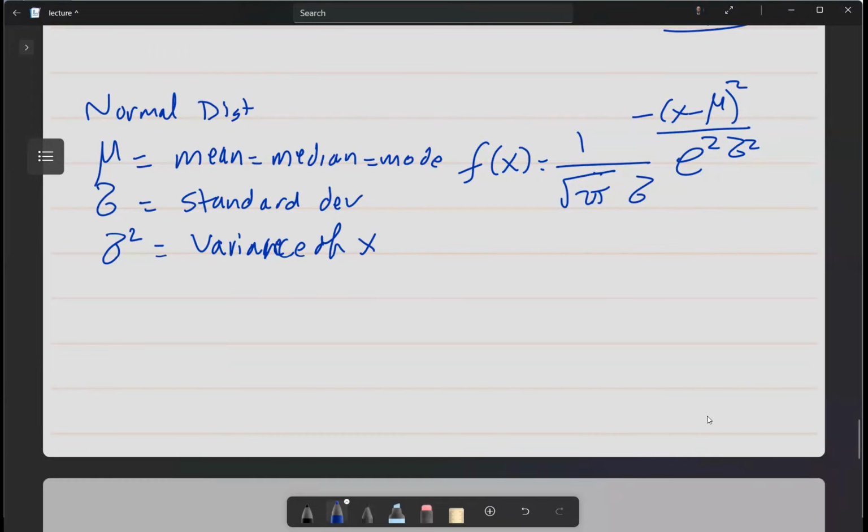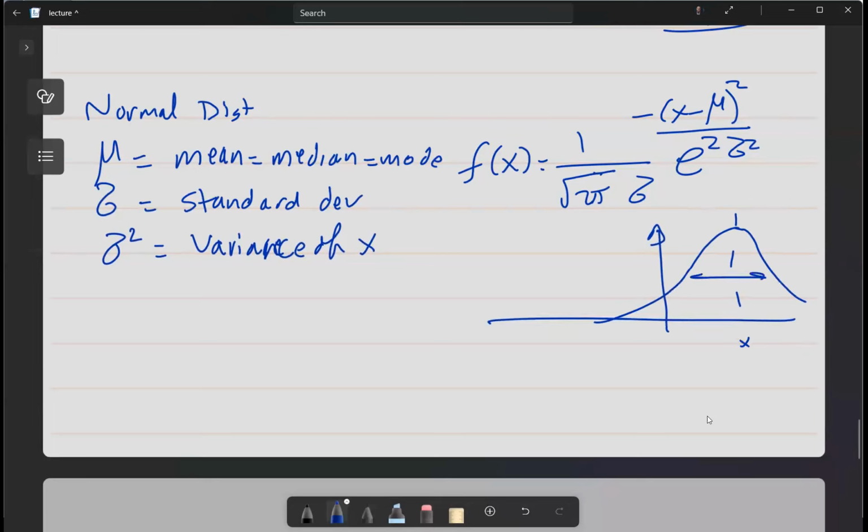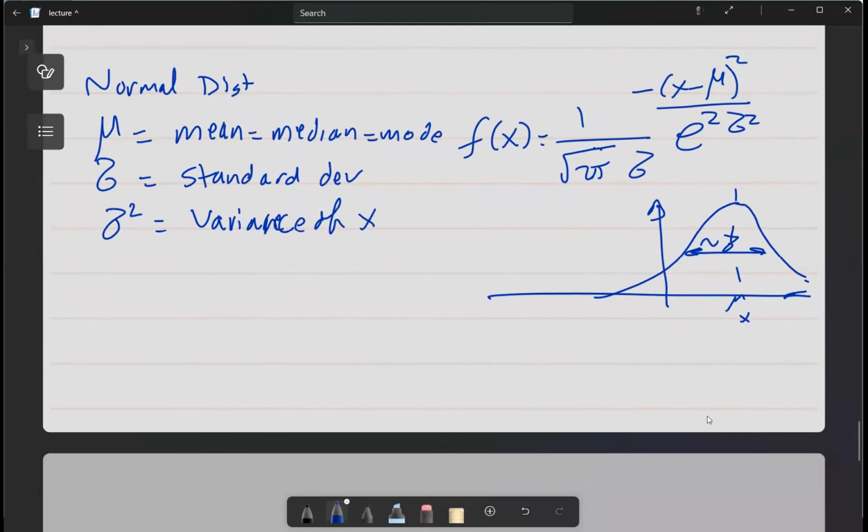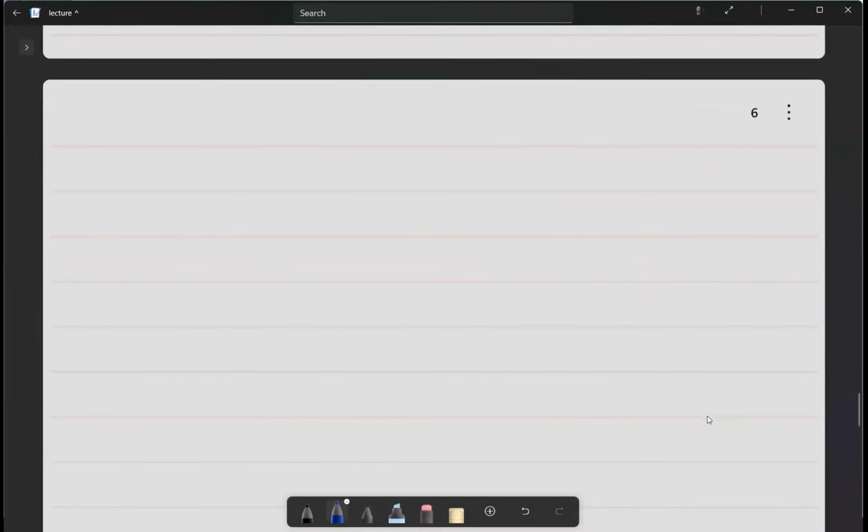Now we have this distribution. We showed that it will be something like that, and here is x. The variance gives us the width of this inverted bell shape, and this is mu, and this is related to sigma or sigma square. Now we would like to calculate the CDF of this. What is the CDF?